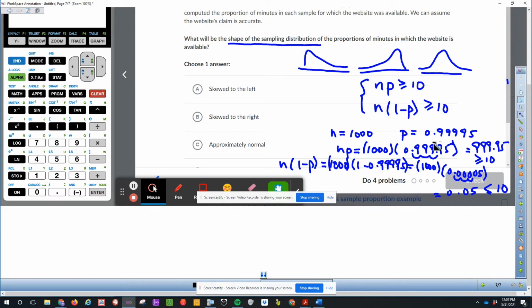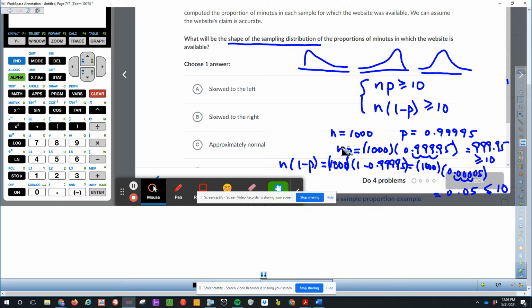So now we know it's either skewed to the left or skewed to the right. Which one is it? It depends on which value is less and which value is more. If you look at this, n times p is 999.95, and n times 1 minus p is 0.05.